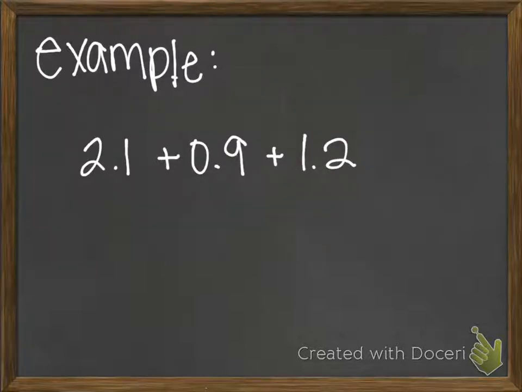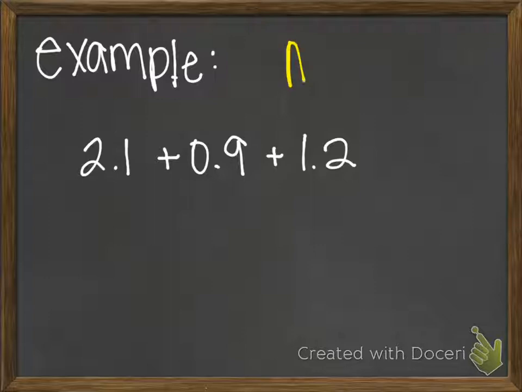Okay, so this is my first example. I definitely want you to write this down in your spiral because you are going to need to look back at it in order to do your problems tomorrow in case you forget overnight while you're sleeping. Here's my example, 2.1 plus 0.9 plus 1.2, and it's kind of hard to do this in my head, so we are going to use compatible numbers and compensation to solve this problem more easily.